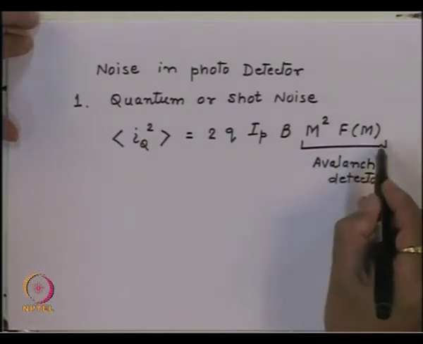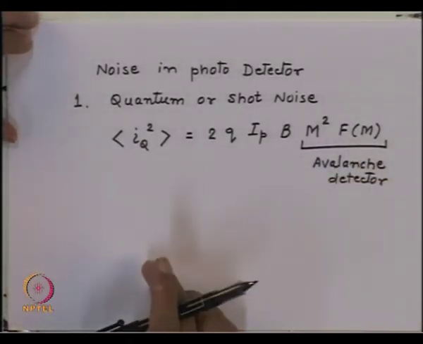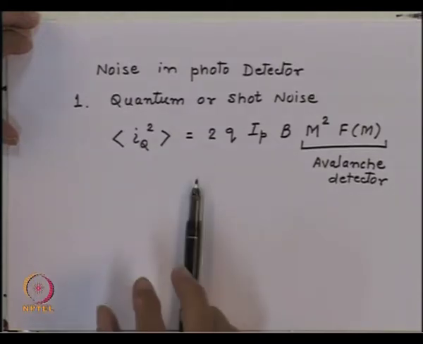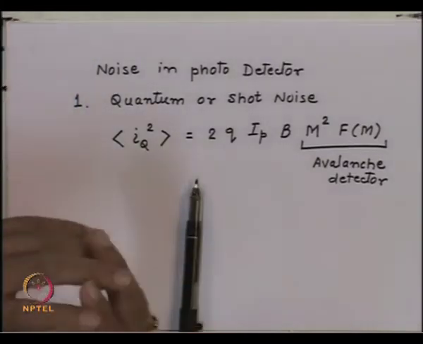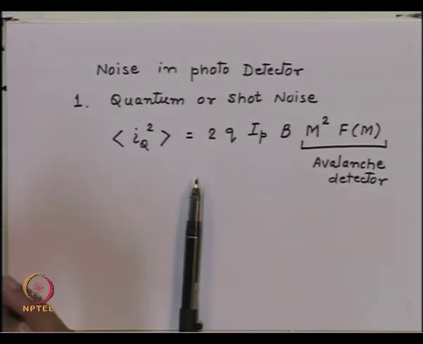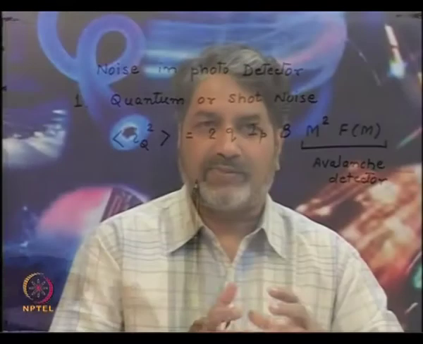The F(M) is what is called the noise figure of the avalanche photodetector. That means this avalanche process is not only amplifying the photocurrent by a factor M, but it also introduces additionally certain noise into the current, and that essentially is captured by this factor, F of M. So, if no additional noise is added by the detector, then this quantity F(M) will be equal to 1.